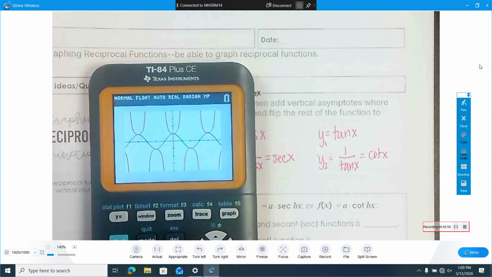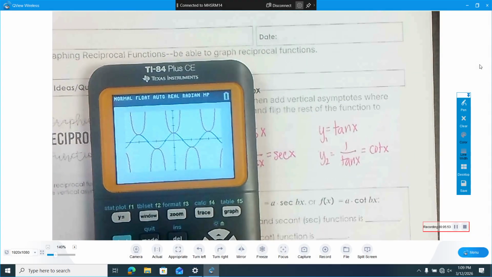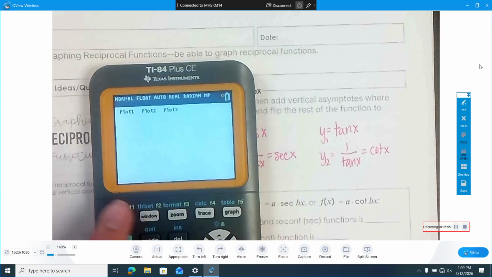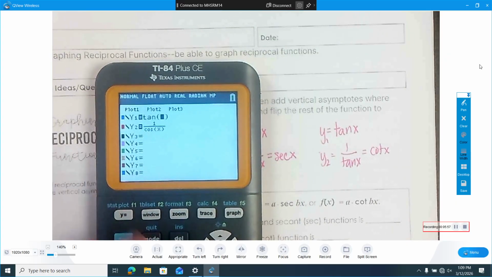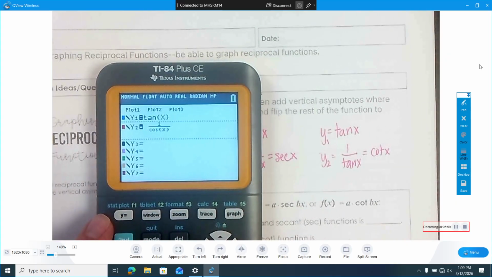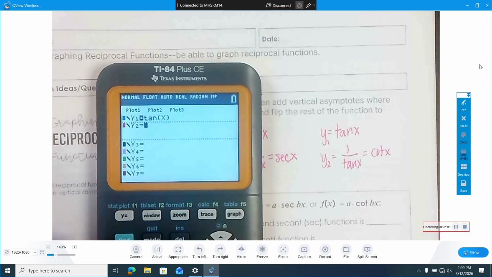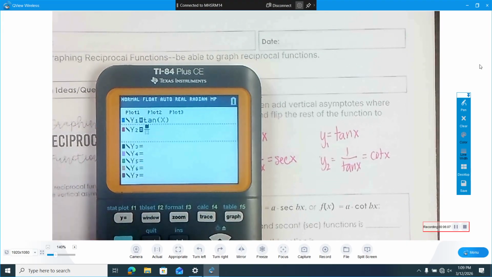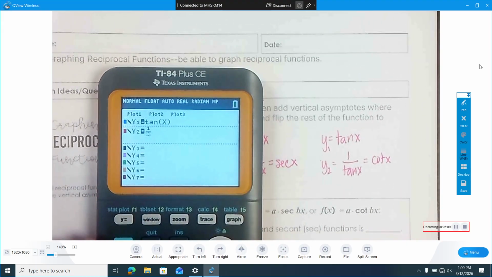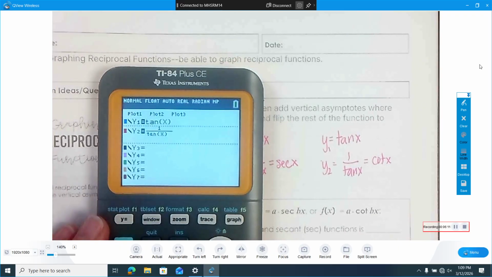That's the only one that actually makes sense. That's an inverse function, very, very different. It is 1 divided by the tangent of x. It is not the inverse function, okay?